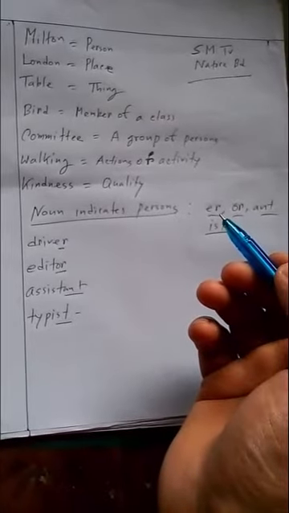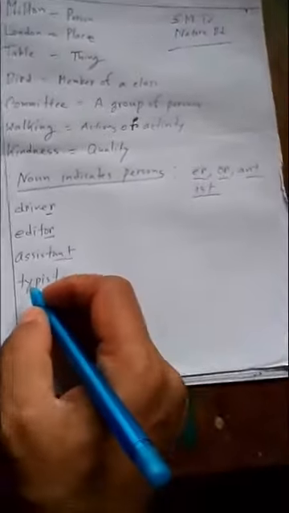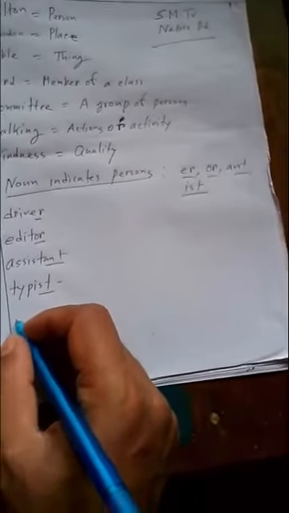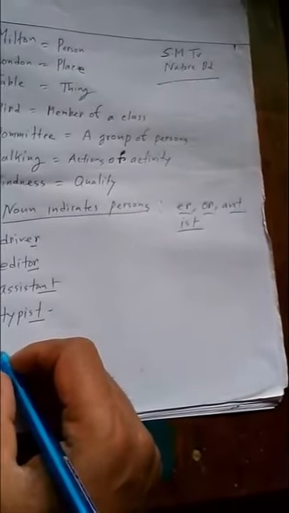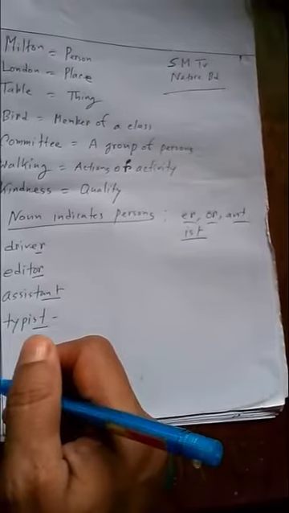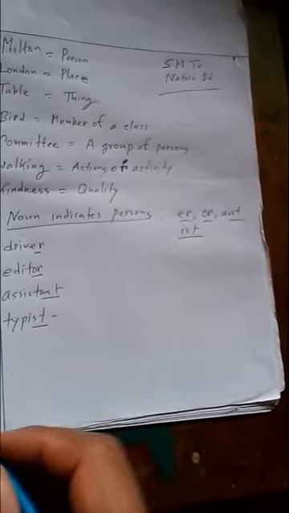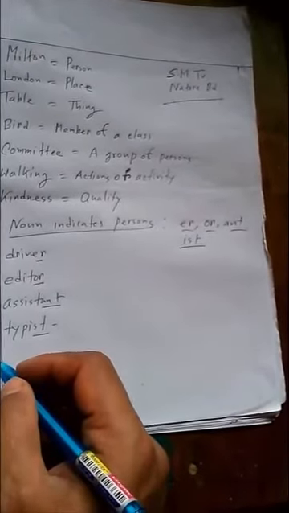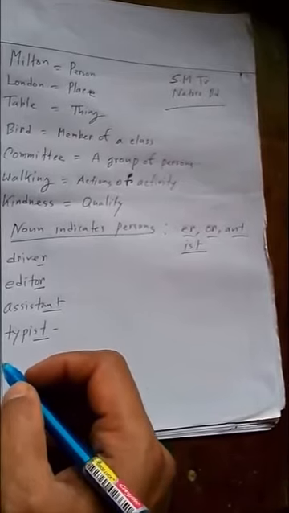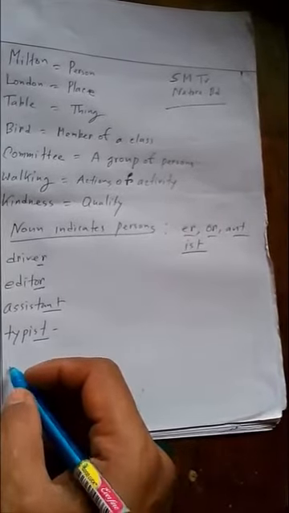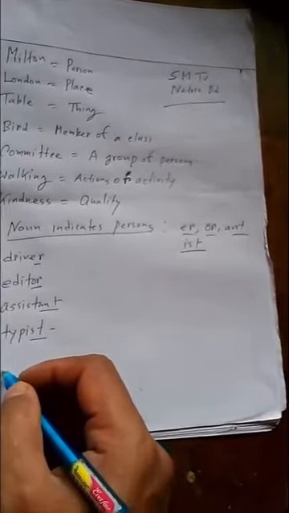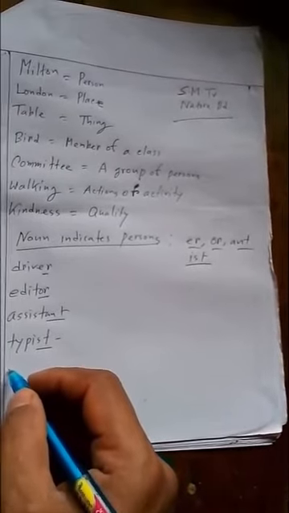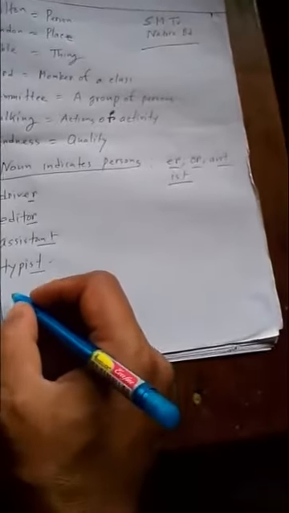Next one, ity: nouns derived from adjectives indicate qualities, ideas, conditions. So these are the qualities. For example, ance: important to importance.